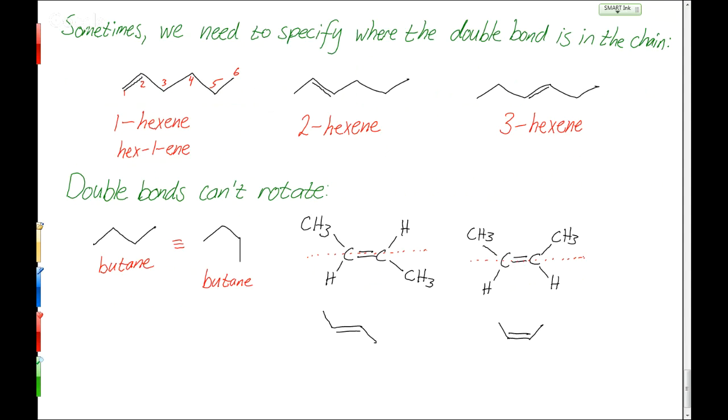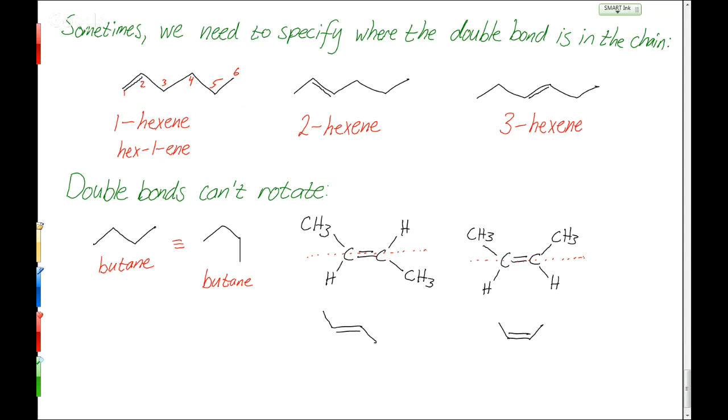And then you look and you say, are the major groups here on the same side of that line or on the opposite side of that line? So what would you say for those two? What's the first one? We're going to call the first one opposite, right? You see those two, either you look at the hydrogens or you look at the methyl groups. Either way, they're on opposite sides of that line. And then the second example, they're on the same side of the line.